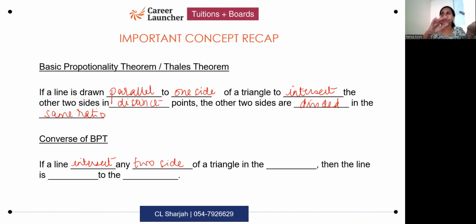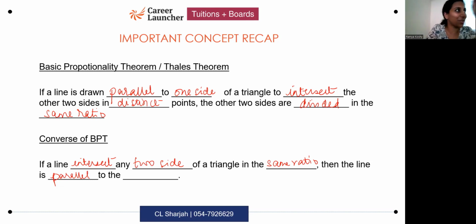The opposite. In the basic BPT, given and to prove, whatever is given and to prove, or given and the result, that will get interchanged for converse. If a line intersects any two sides of a triangle in the same ratio, then the line is parallel to which side? To the third side.